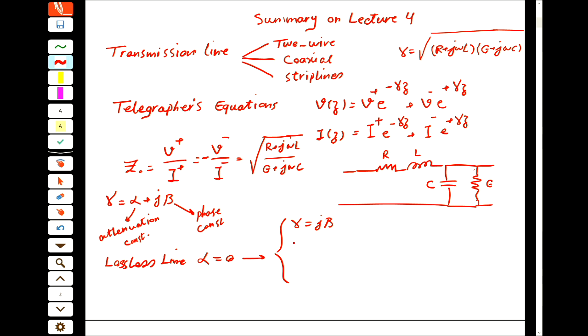Then beta equals omega times the square root of LC, and Z naught equals the square root of L over C.